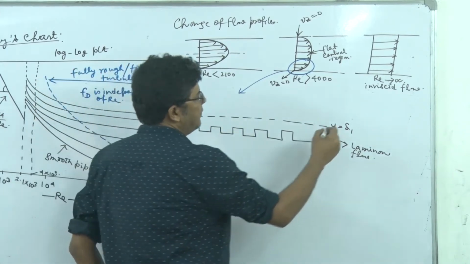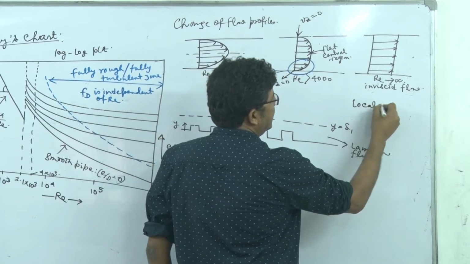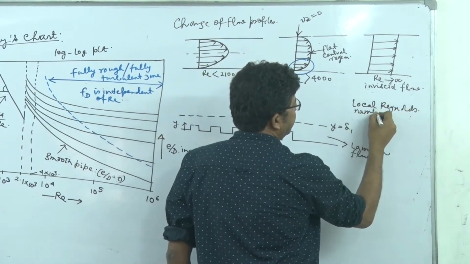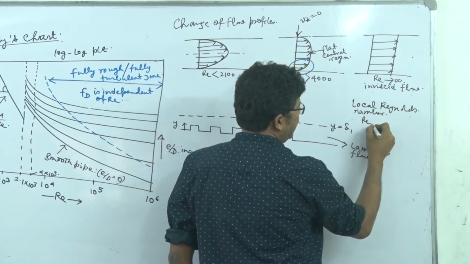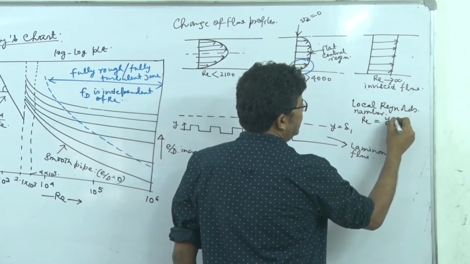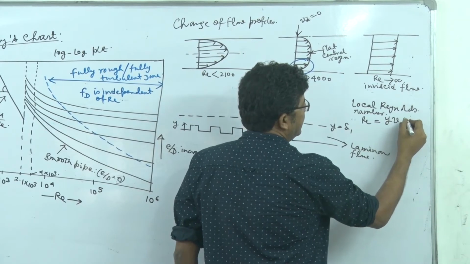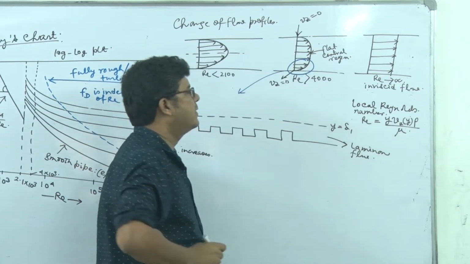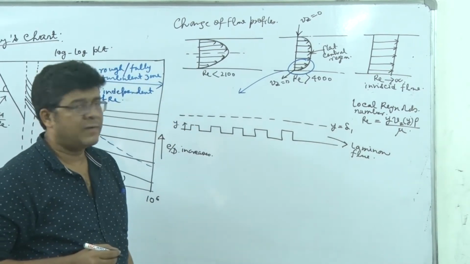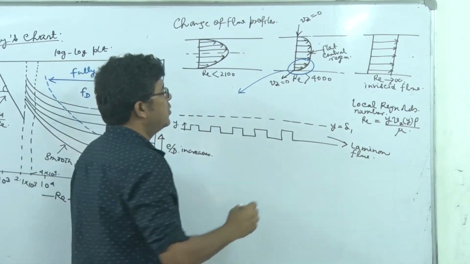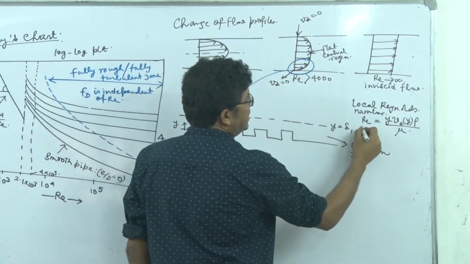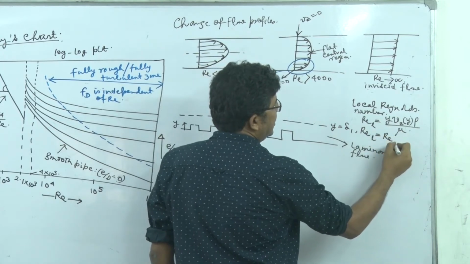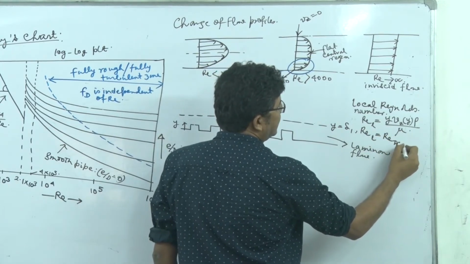If I define a local Reynolds number, which is different from the pipe Reynolds number, as y into Vz into rho divided by mu, then at y equal to delta 1, Re local is equal to Re threshold 1.